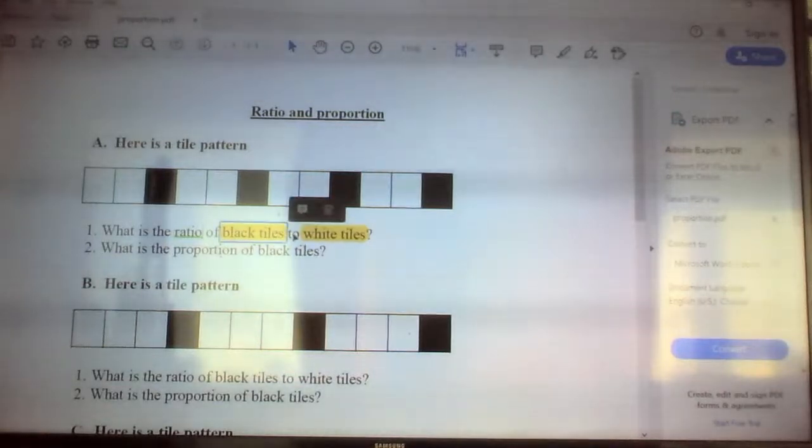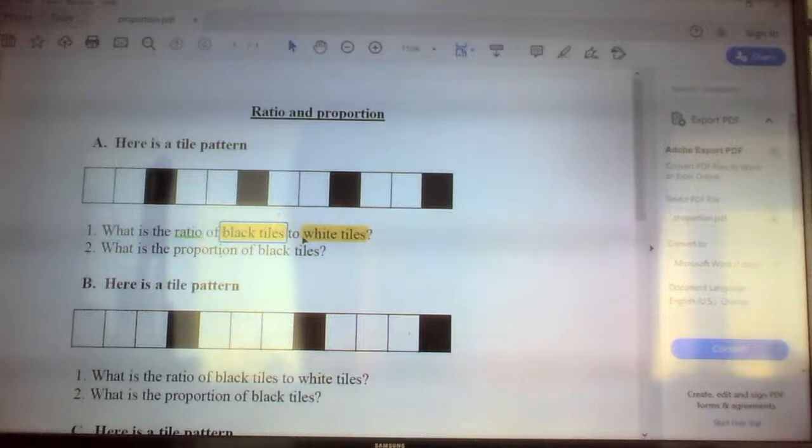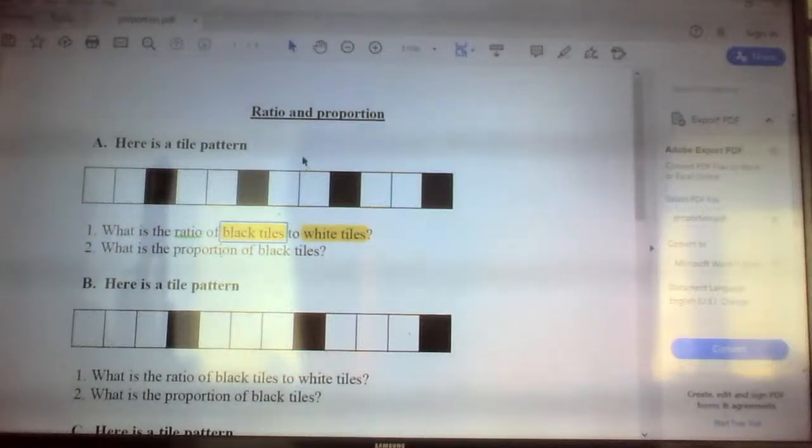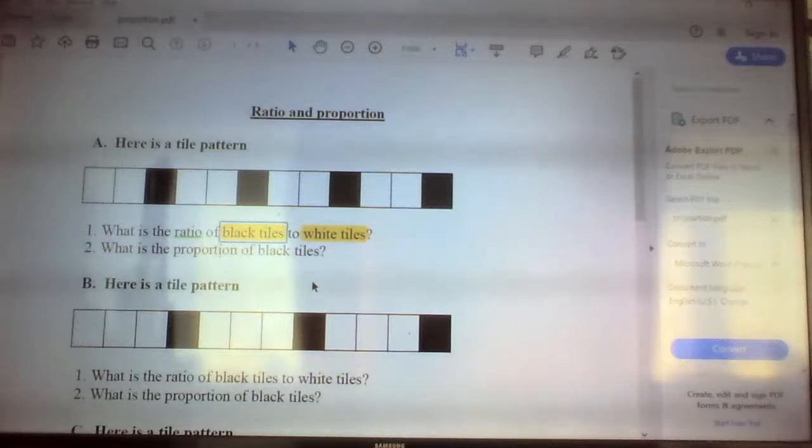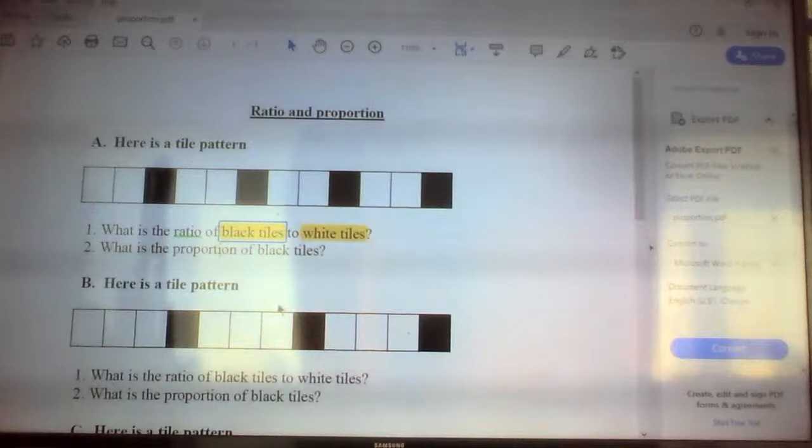See this word here next to the black tiles word. That word there in the dictionary is written as one dot on top of each other, like a colon. Don't worry about it too much at the moment. So an example is a teacher-student ratio of 1 to 20 means one teacher for every 20 students.